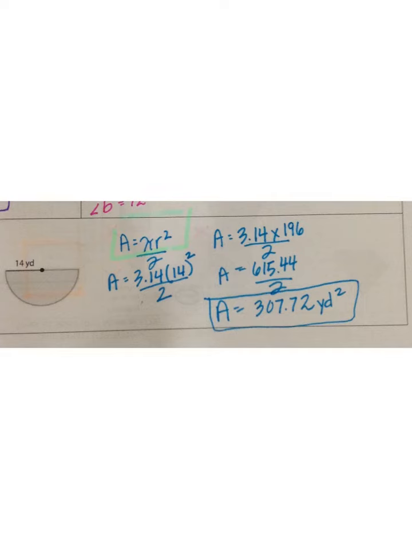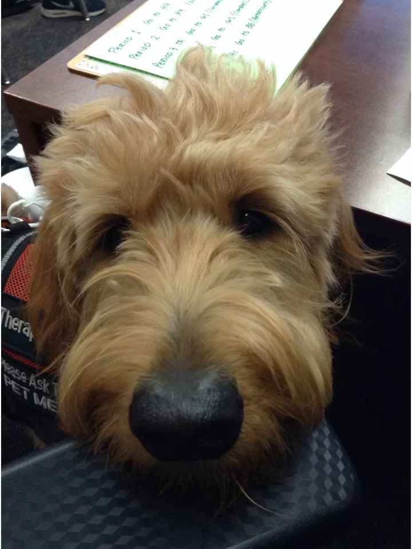And I added to it to divide by 2 since we're only finding the area of half of a circle. So when I input my values, I'm going to square 14 first, and 14 times 14 is 196, then multiplied by 3.14, last divided by 2, and I got 307.72 square yards. Yay, we made it to the end.